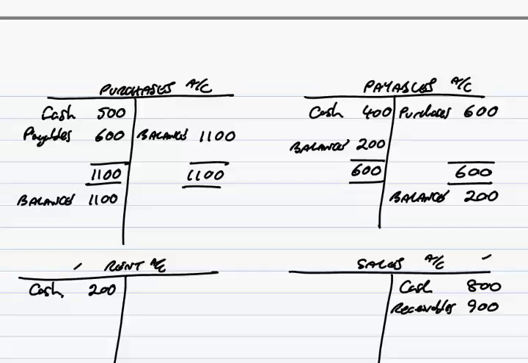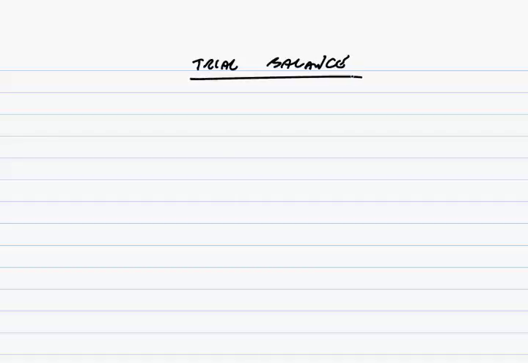And it says, it's headed up trial balance. Now I'll explain what we mean by the word later, but what I want you to do, head it up trial balance. And when you've worked out the balance on each account, I simply want you to do a list for me.